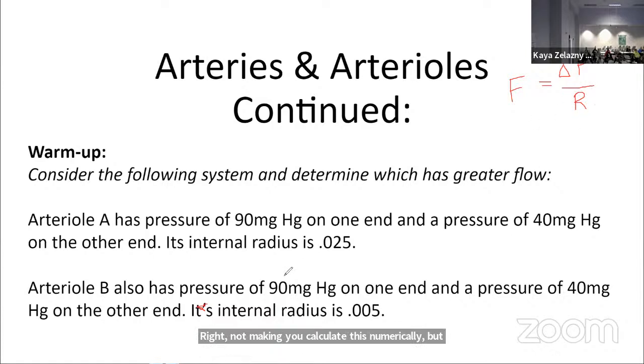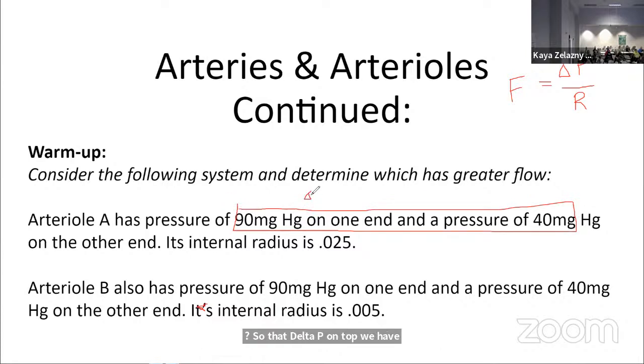Okay. So what we can see for both arteriole A and arteriole B is that our difference in pressure is the same, right? So that delta P on top, we have a delta P of 50 for both of these. So we don't have to think about that difference for this example.